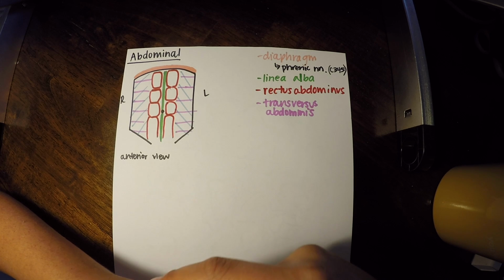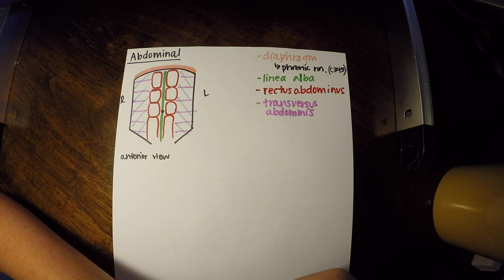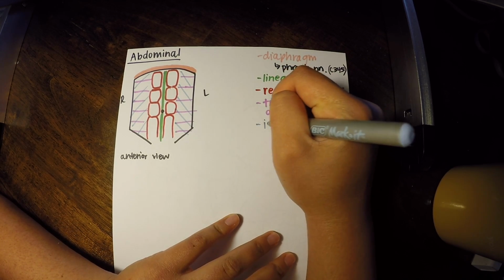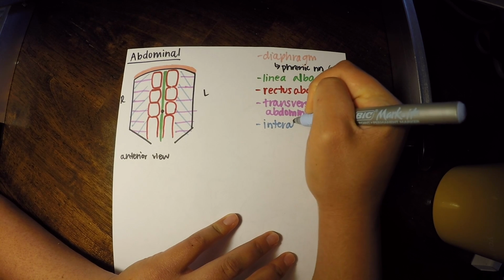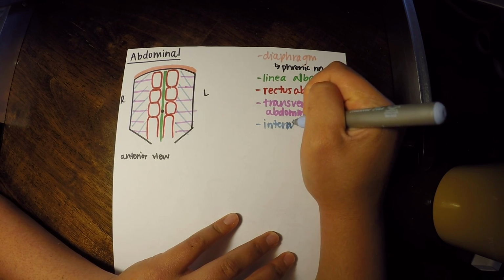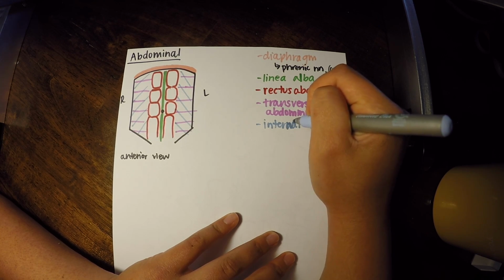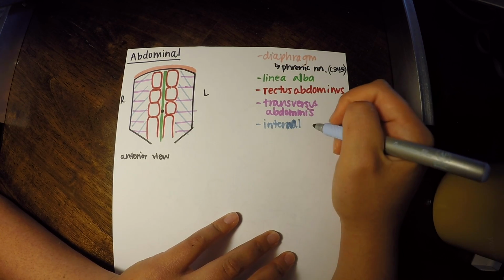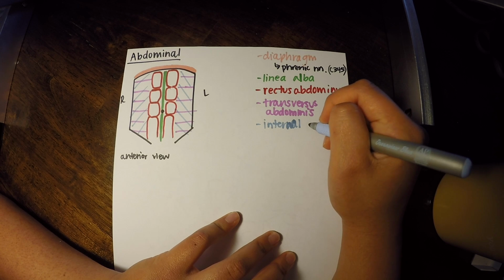Now, this one that we just drew in, which is the next most superficial layer, is our internal, I spelled that wrong. Internal. That should say internal, even though it's very messy. Internal obliques.